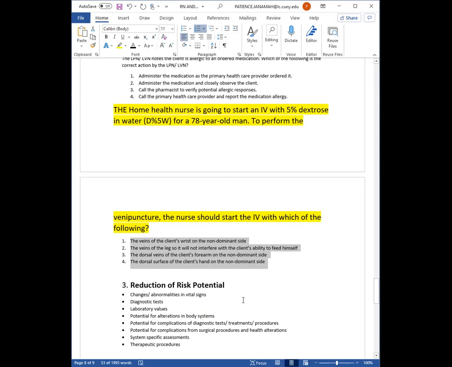You see how sometimes NCLEX just picks a real-life question that we do every day and throws it back at us. So for this question, don't assume the patient has something else going on. They just want to know the right spot that you pick to put the IV line.